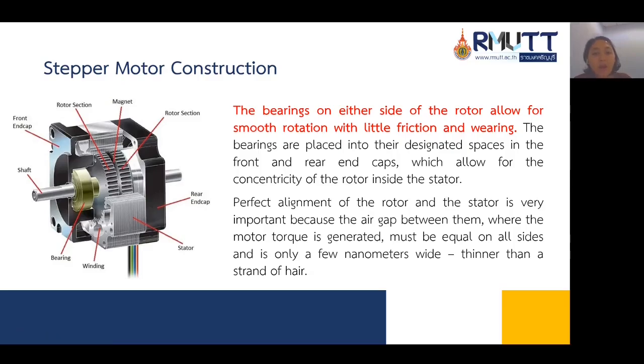The bearings are placed into their designed space in the front and rear end caps, which allow for the concentricity of the rotor inside the stator. Perfect alignment of the rotor and the stator is very important because the air gap between them, where the motor torque is generated, must be equal on all sides and is only a few nanometers wide, thinner than a strand of hair.